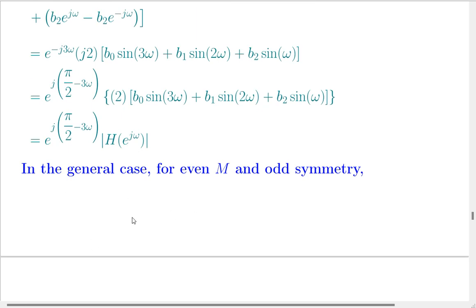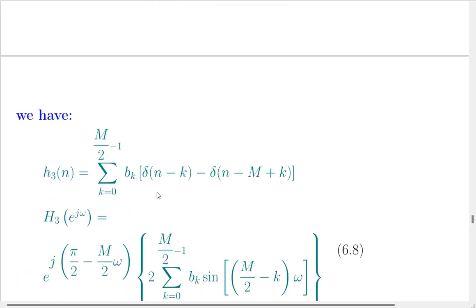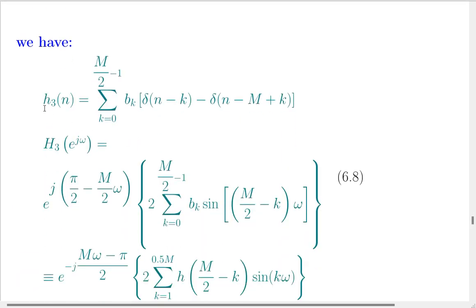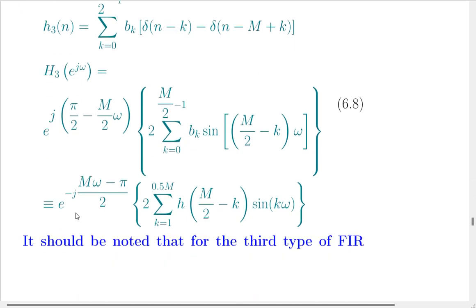In the general case, for even M and odd symmetry, h3[n] will be equal to the sum over k from 0 up to M over 2 minus 1 of bk times delta[n minus k] minus delta[n minus M plus k]. And here you see the frequency response, having linear phase and amplitude.